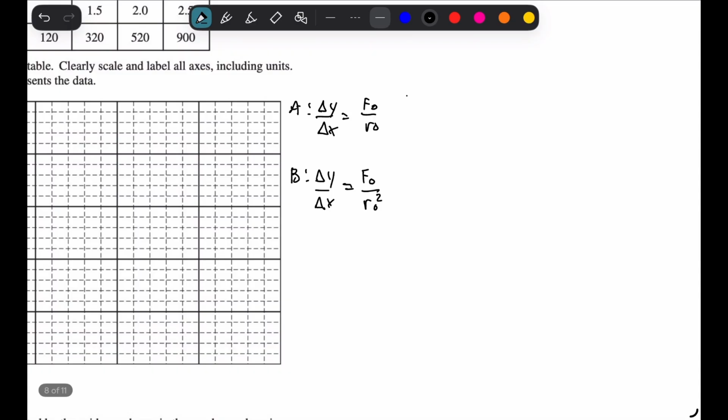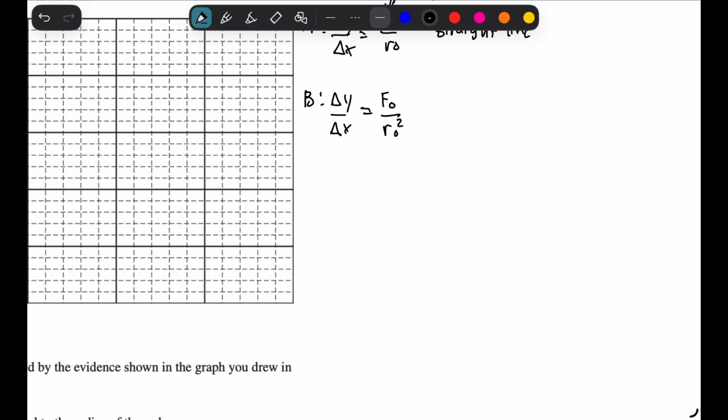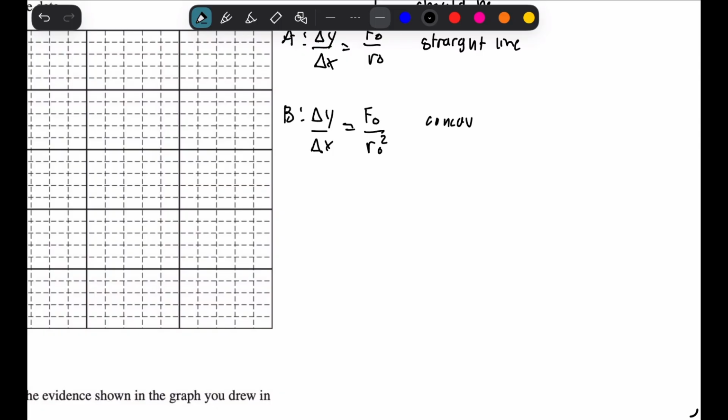This should be, according to students' predictions, a straight line, and then this is going to be our slope, right? And then here, this should be a concave up quadratic.